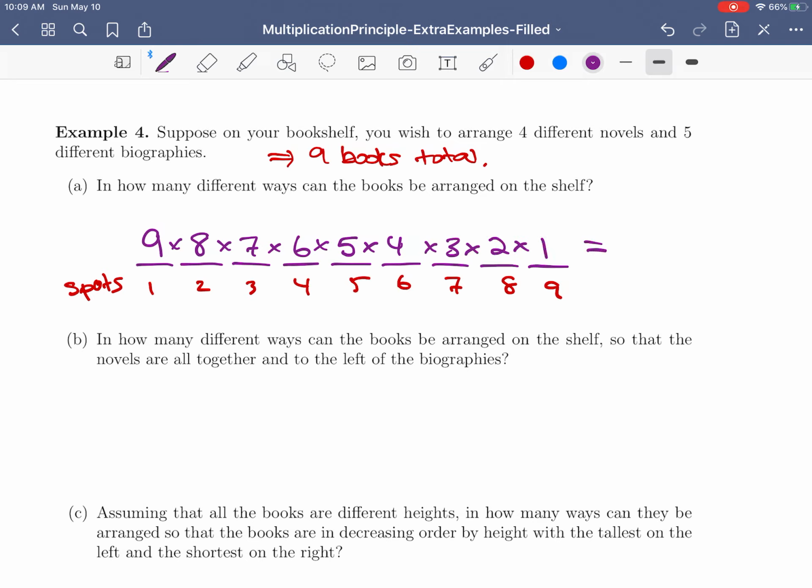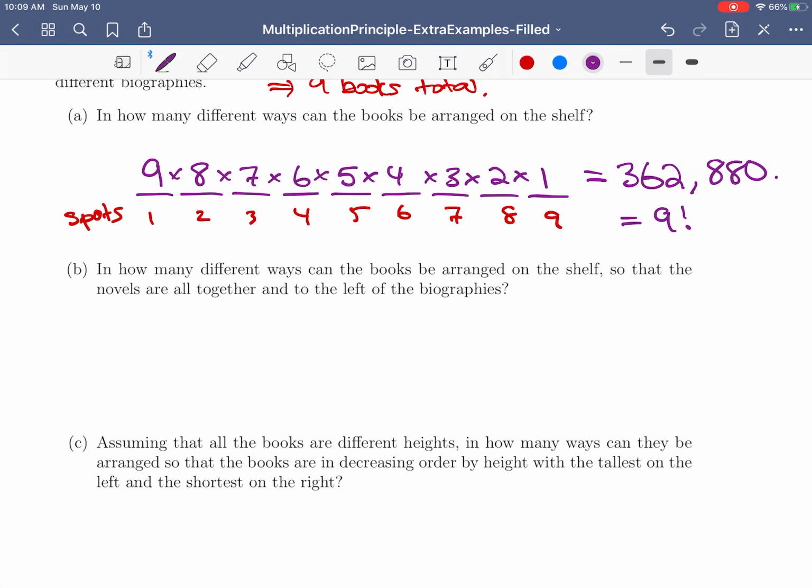Okay, so if you multiply all that together, you should get 362,880. And again, if you notice, this is 9 factorial, which is a faster way to compute that number. But it's just the multiplication principle.